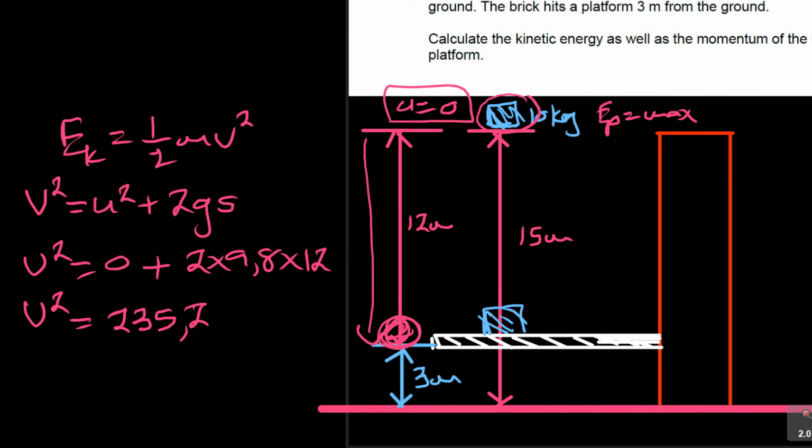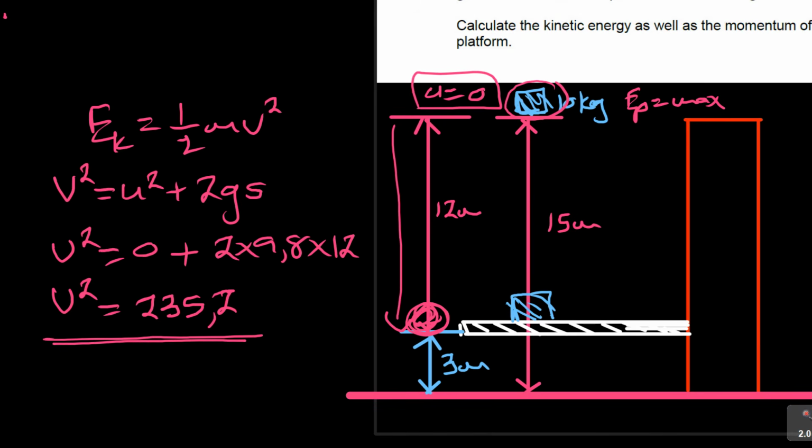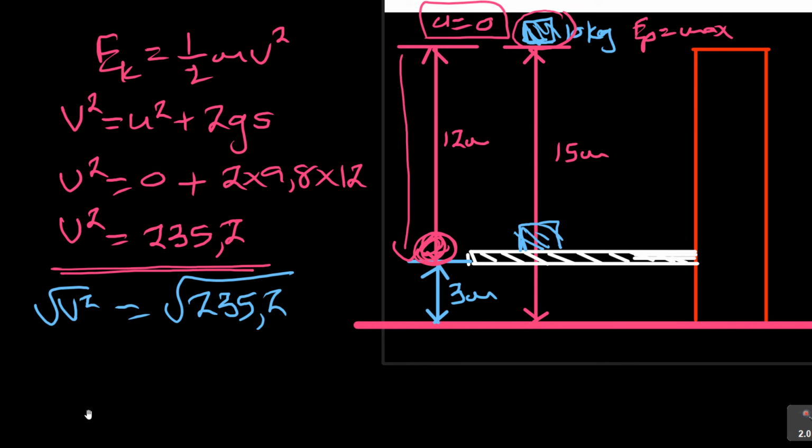235.2. Now this is v squared. Usually leave your answer like that. Avoid coming back to say, let me show you. Some will say square root of v squared is equal to square root of 235.2. See, now when you do that, it's still fine, but I'll show you that you are working in circles.